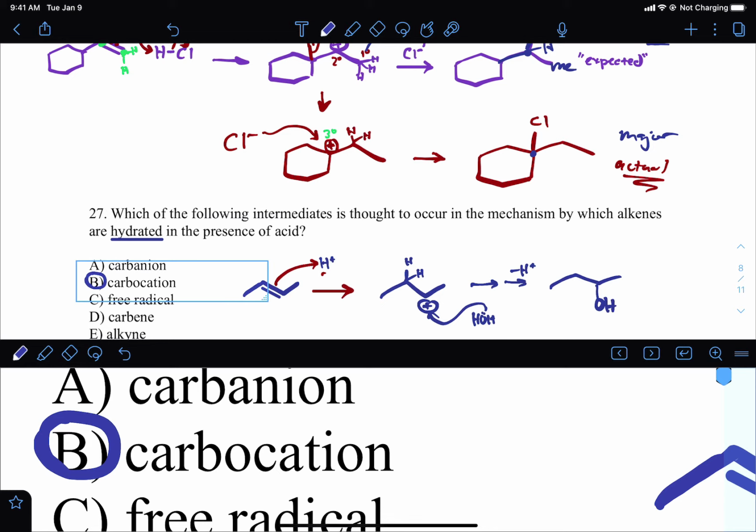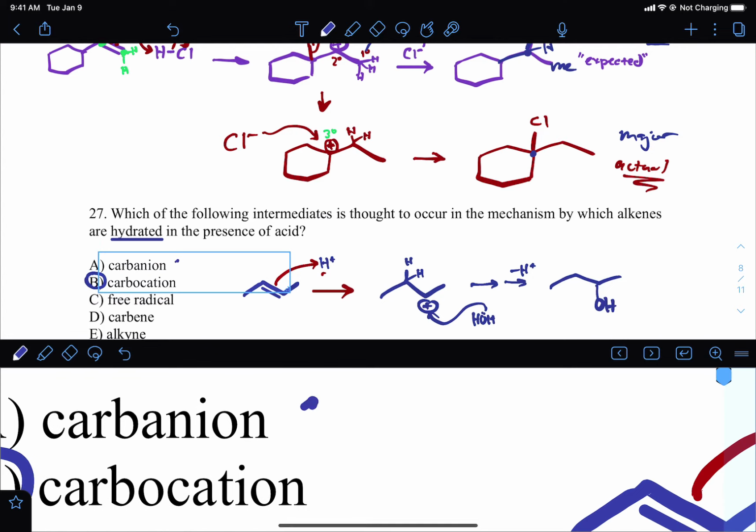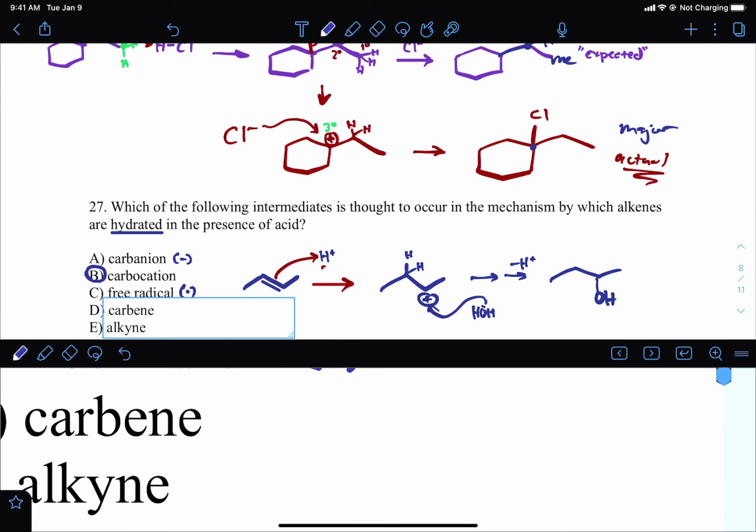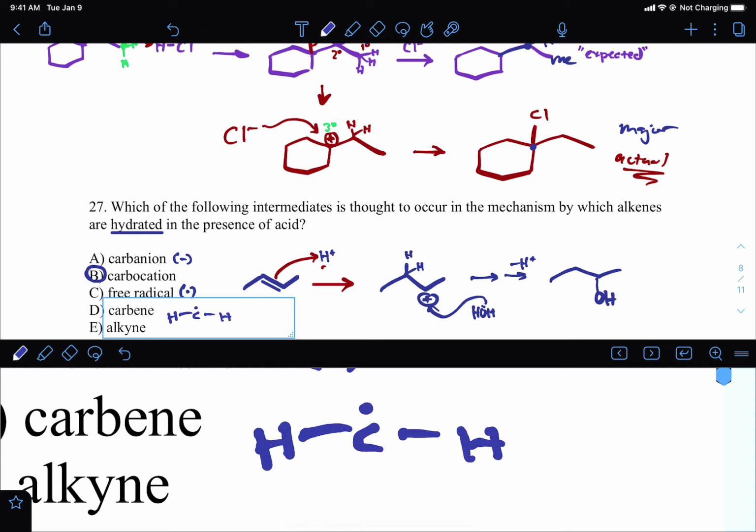Okay, carbanion is a negative charge. Free radical is a dot, a single electron. A carbene is an interesting species. It's a carbon with two bonds and a lone pair, which is oddly neutral because it's got two bonds and two electrons.